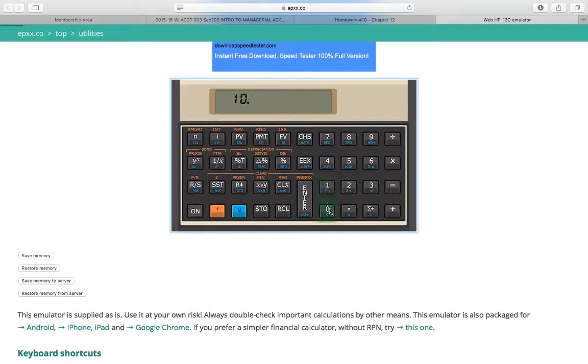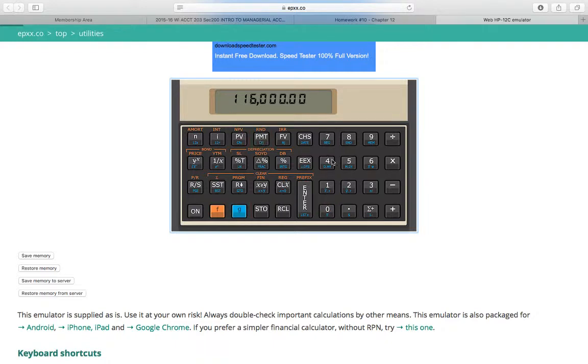So 100,000 negative in year 0, CF0, and then it was 16,000 every year for 5 years. 1, 2, 3, 4, 5. And in the last year, there was 116,000 cash flow.